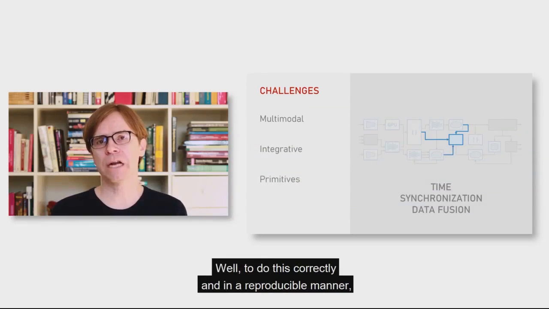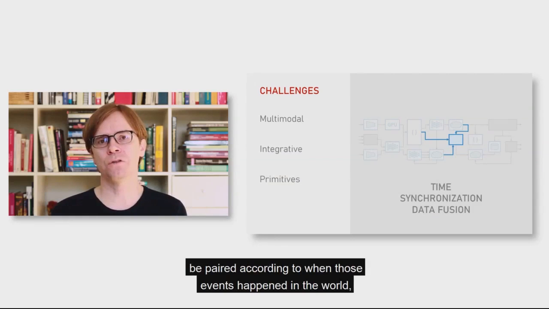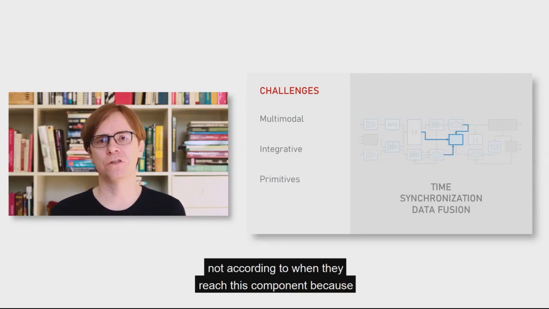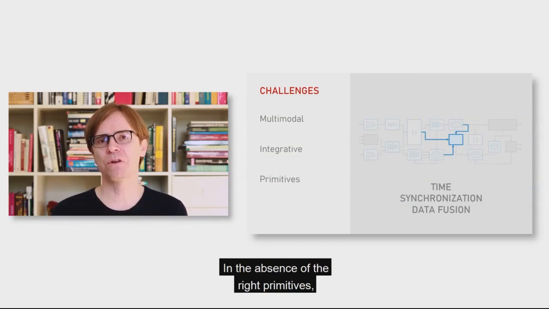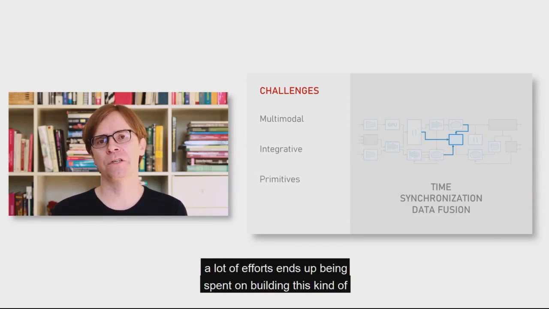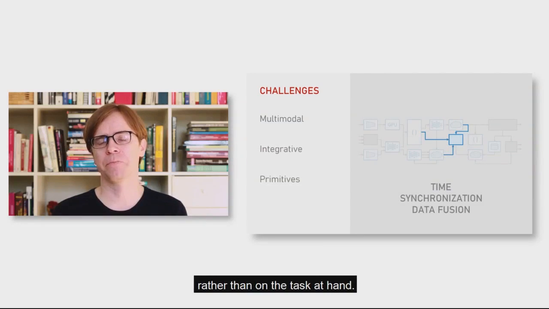Well, to do this correctly and in a reproducible manner, the information arriving on these different streams needs to be paired according to when those events happened in the world, not according to when they reach this component, because that might be affected by latencies in the system and so on. And so in the absence of the right primitives, a lot of effort ends up being spent on building this kind of infrastructure and debugging low-level issues rather than on the task at hand.